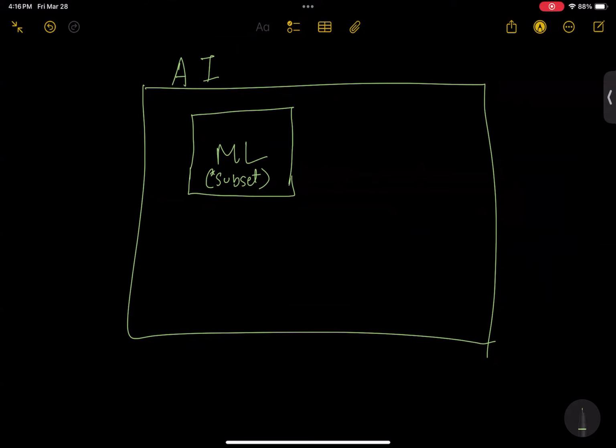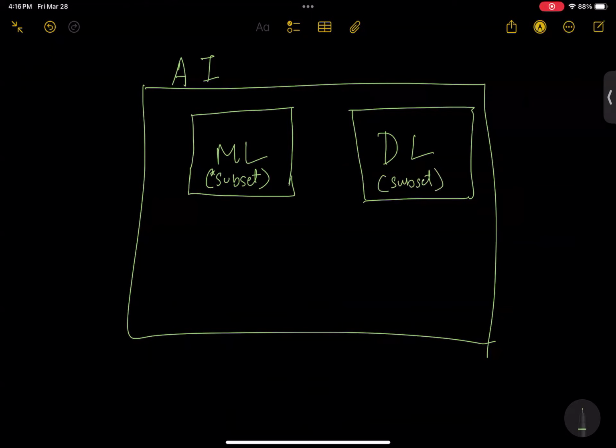In AI, here is another subset, called DL, deep learning. What is the difference between artificial intelligence, deep learning, and machine learning? We will go there and read in very detailed. Then there is another wing called NLP. This is another subset. NLP is natural language processing.